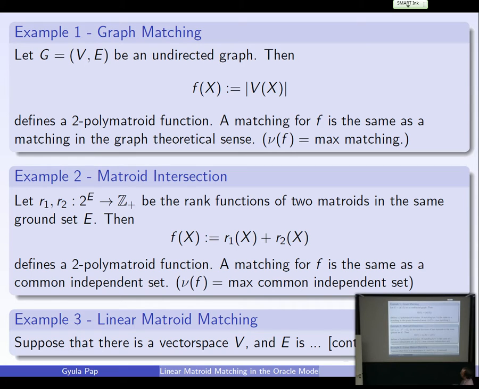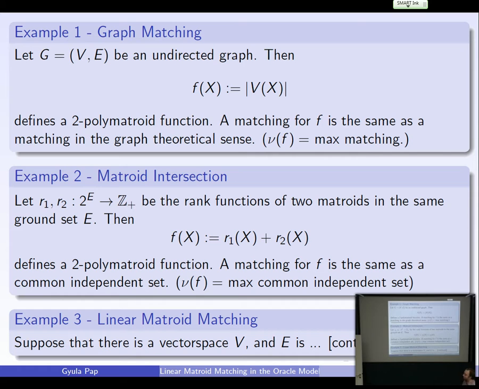It is a common generalization of graph matching, where the rank of a subset of edges is defined by the number of nodes that they span. This is submodular, and the problem that we get is the maximum matching problem in that graph.